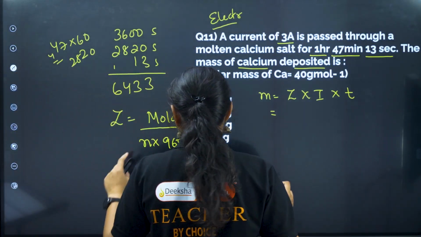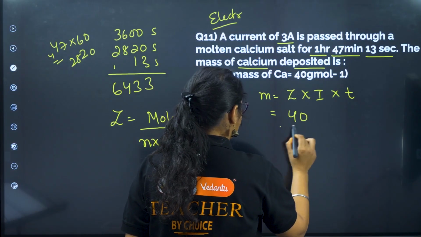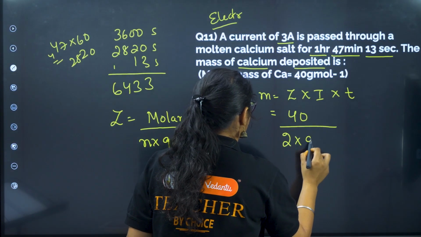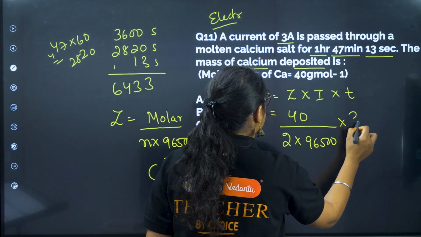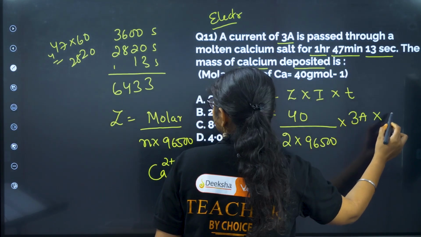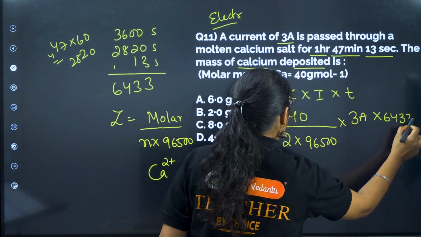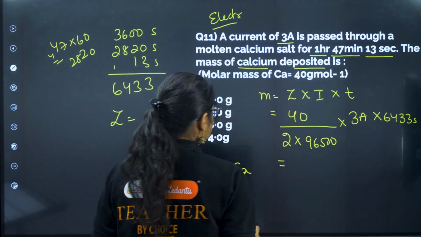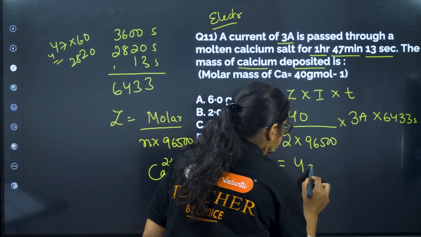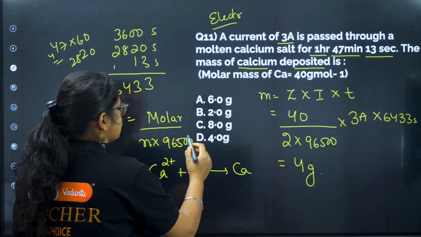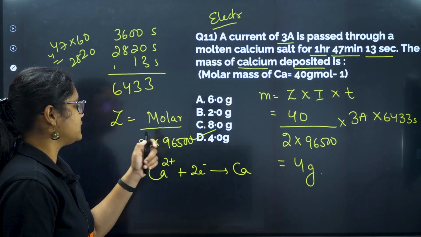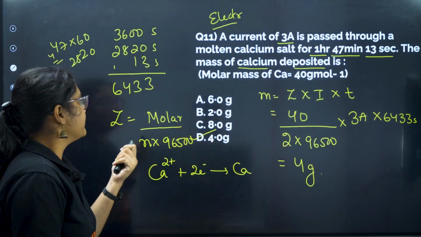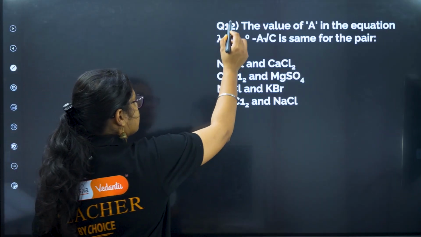So we have here molar mass 40, divided by 2 into 96500, into current 3 ampere and time 6433 seconds. If you solve this one, the correct value will be around 4 grams. The correct answer for this question will be option number D, that is 4 gram. Easy question, a little bit of calculation is there. Okay, next question is also from electrochemistry.